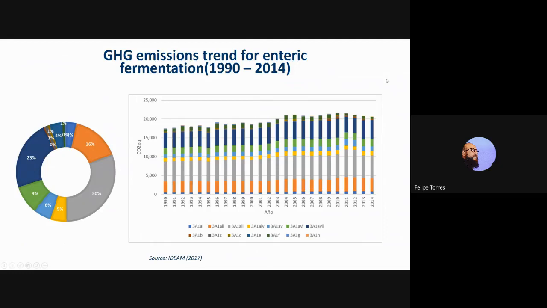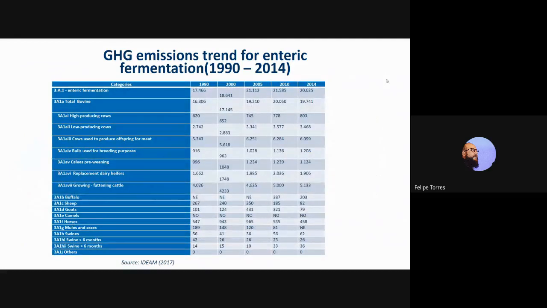As you can see in the next slide, all stakeholders in Colombia can see different emissions from livestock for each department in Colombia, and we can estimate which age group contributes most to the greenhouse gas emissions for our country and for each department, as you can see in the next slide.